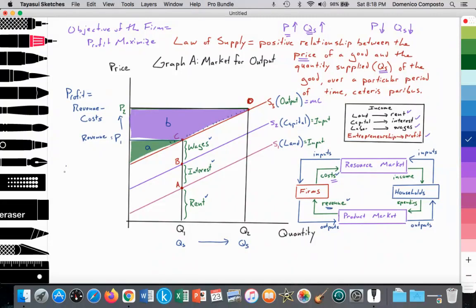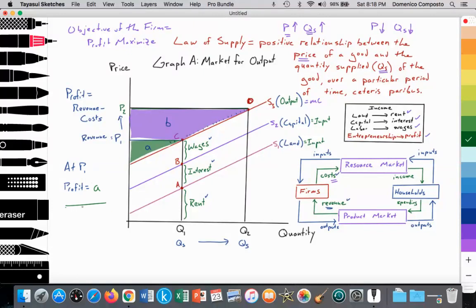At a price of P1, the profit is equal to P1 minus the costs at Q1, the marginal cost. To keep that simple, let's just go ahead and say that profit in this model is equal to area A, right? It's equal to surface area A at P1.